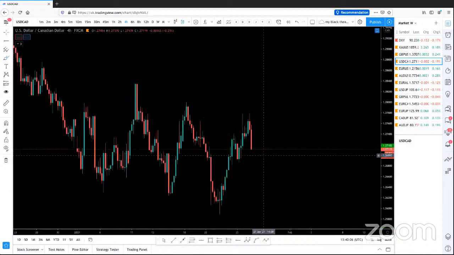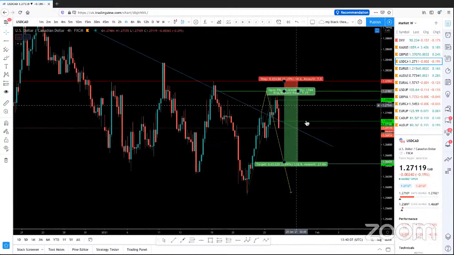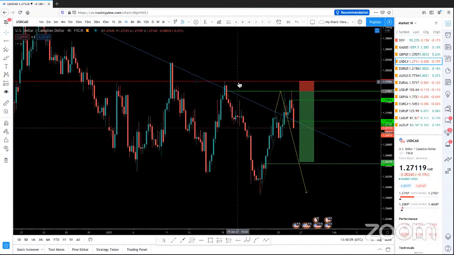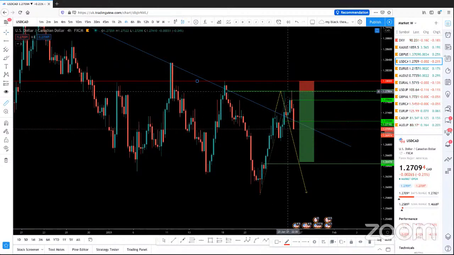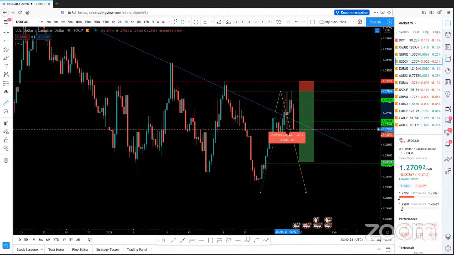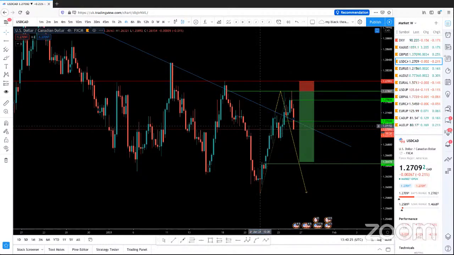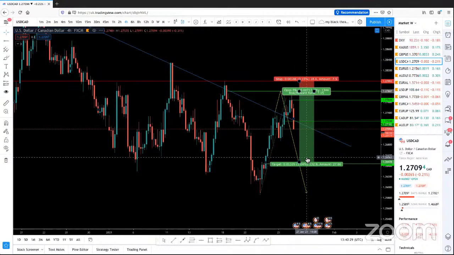USD CAD, there we go. Actually, this trade setup I did share with our private group, and so far we have made about 71 pips. It's on profit. So what we were looking for is on the run at the moment.